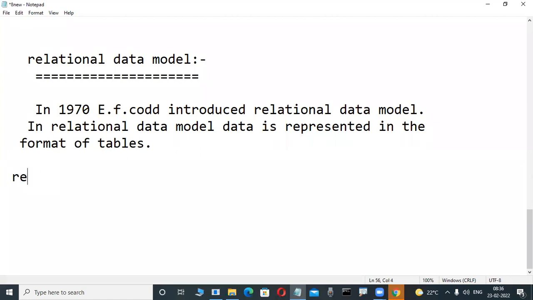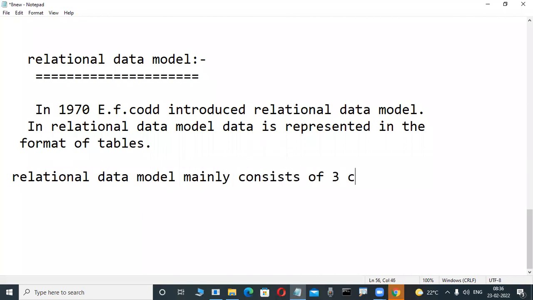A relational data model mainly consists of only three components. Only three components are there in the total relational data model.